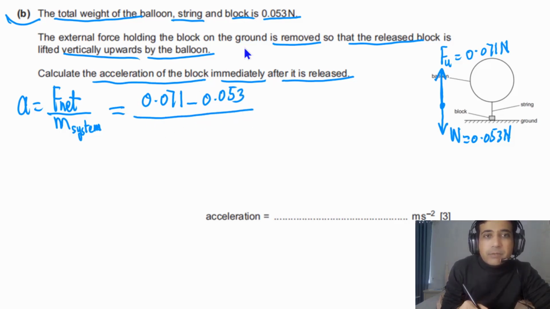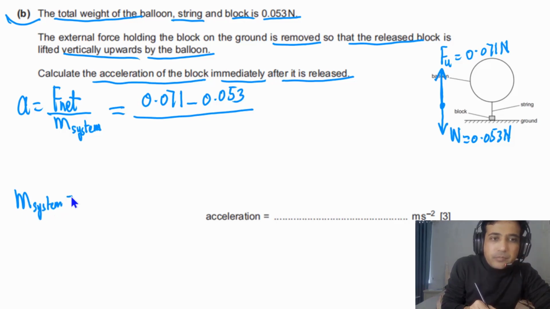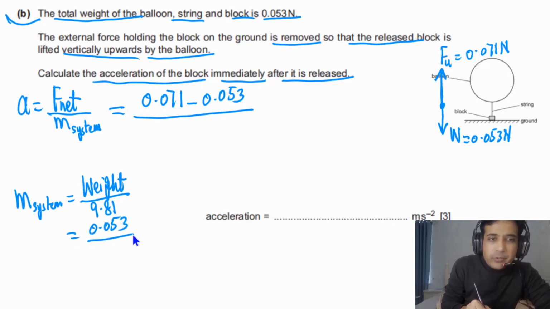But the weight of the system is given to us. So we can calculate the mass of this system. Mass will be equal to weight divided by 9.81. So we can write down weight divided by 9.81. Weight is 0.053 newtons divided by 9.81.